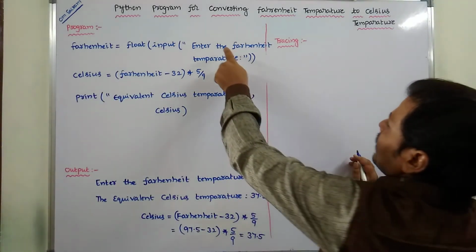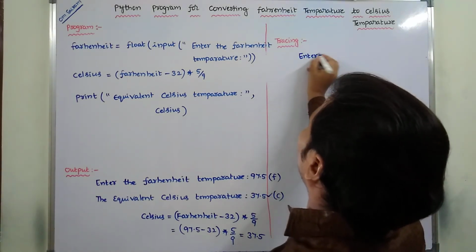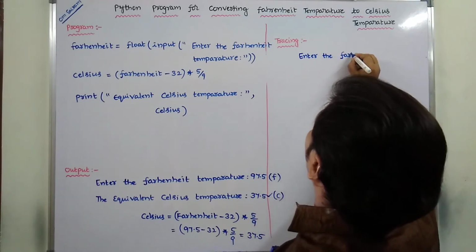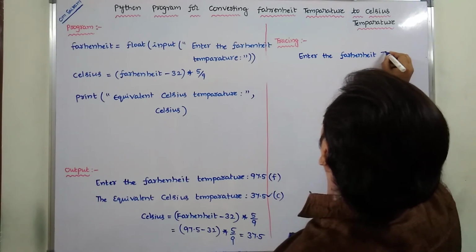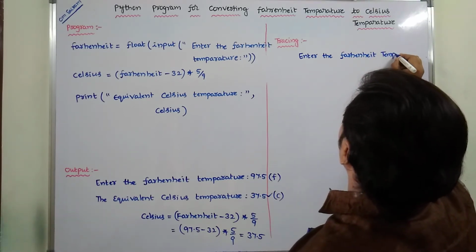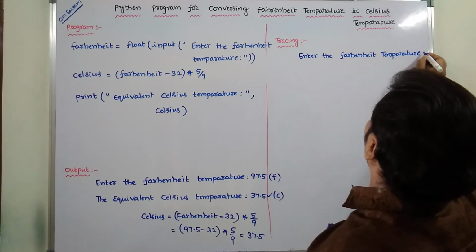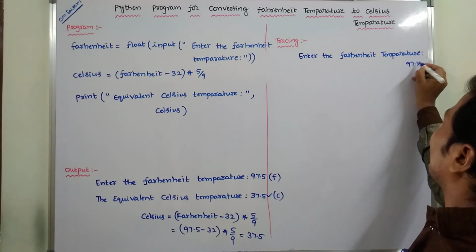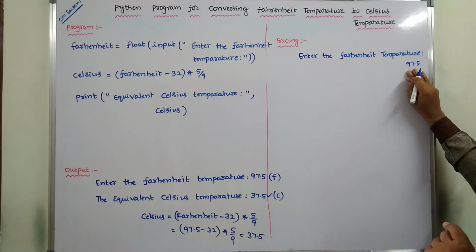In the tracing, the first statement is enter the Fahrenheit temperature. What is the value we are given from the keyboard? That is 97.5. This value is entered by the user from the keyboard.